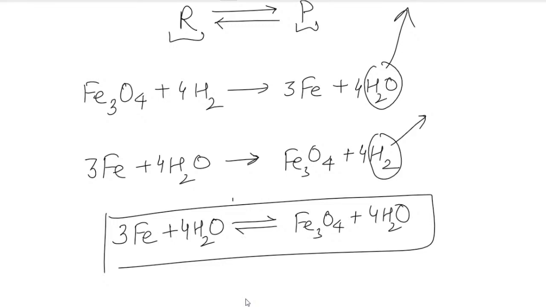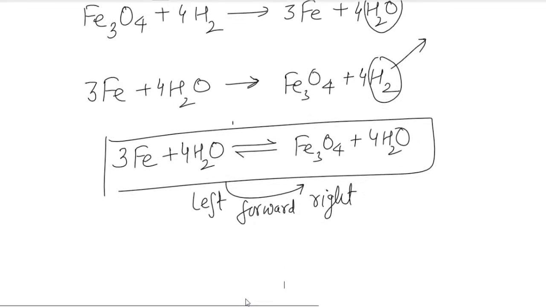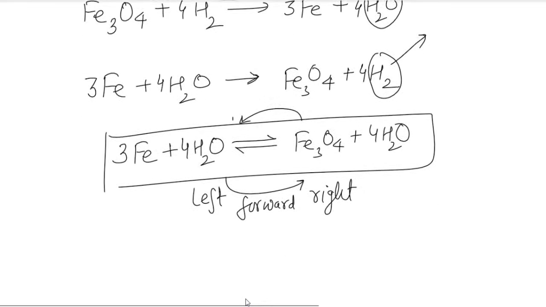Such a reaction which proceeds in both directions and does not reach completion is called a reversible reaction. The reaction going from left to right is called the forward reaction, and the reaction going from right to left is called the backward reaction.